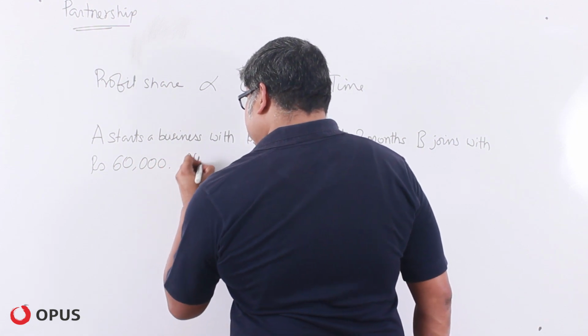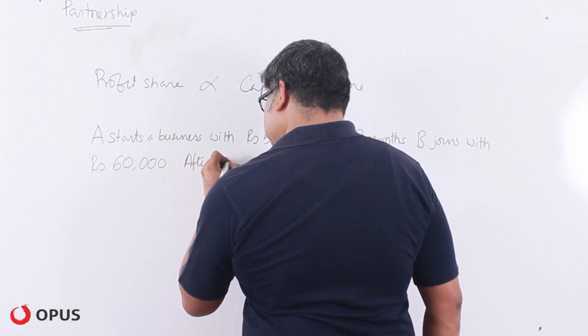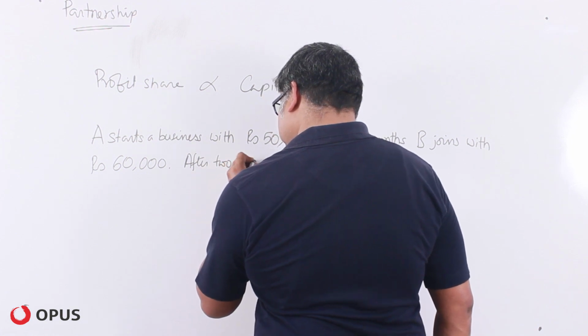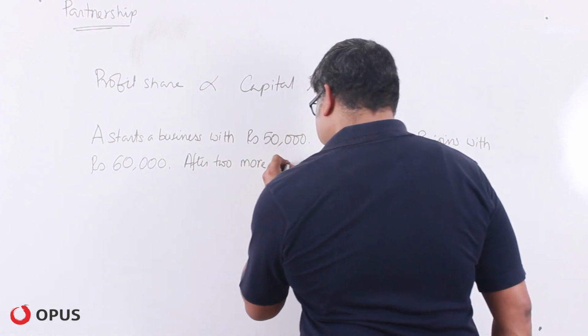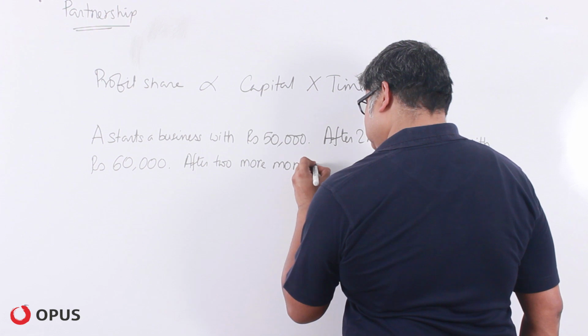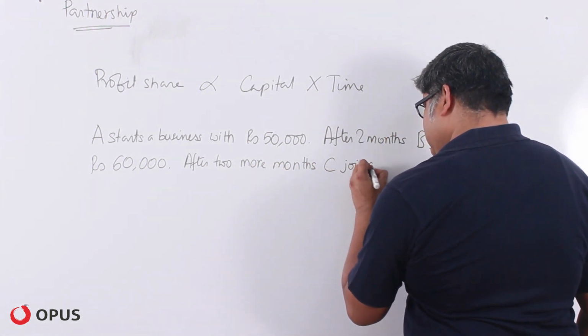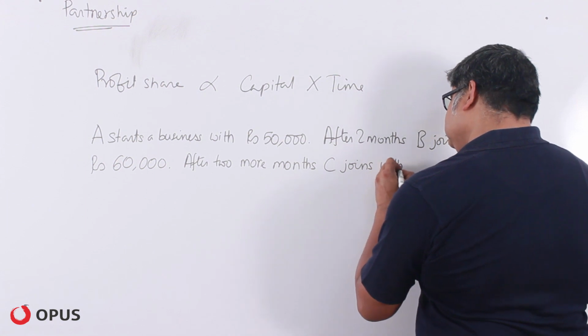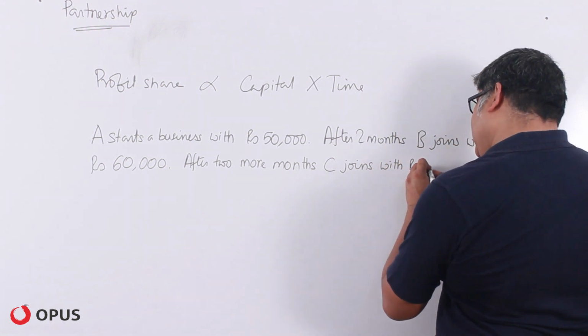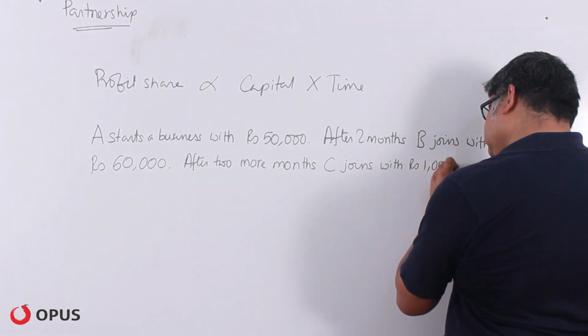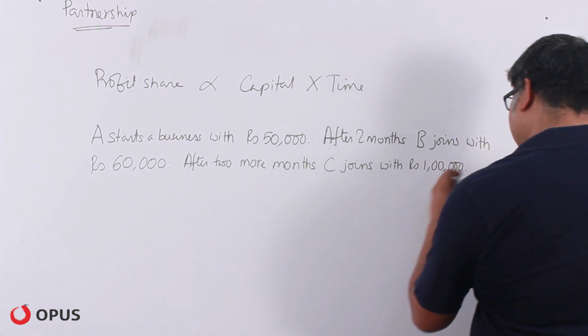After 2 more months, C joins with rupees 1 lakh.